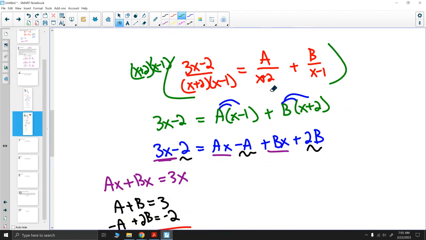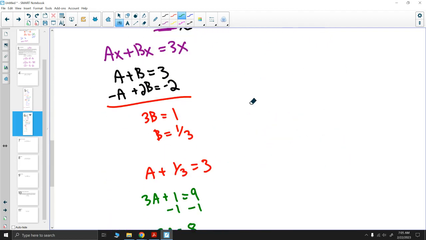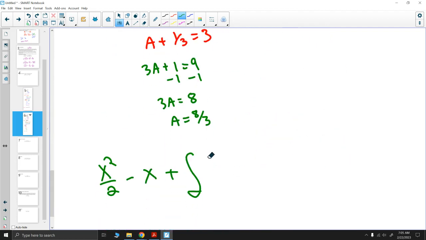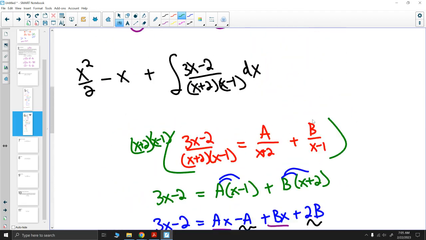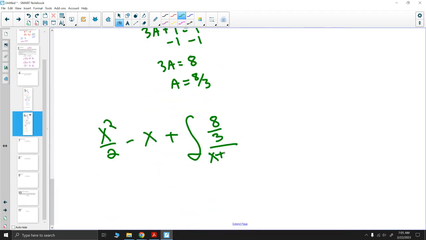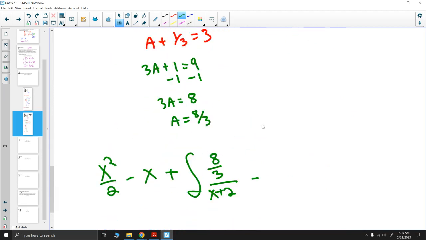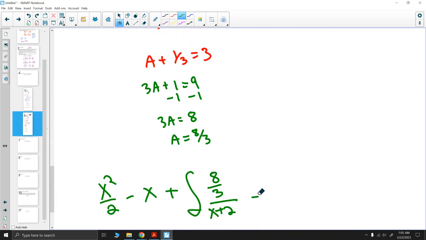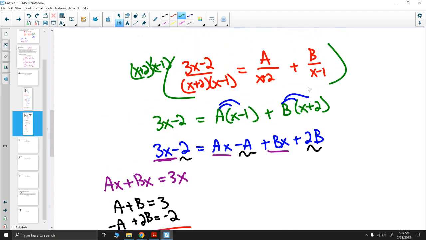And so this thing has now become a over x plus 2, so this is a, that's 8/3 over our x plus 2, plus b was 1/3 over our other one, that was an x minus 1.